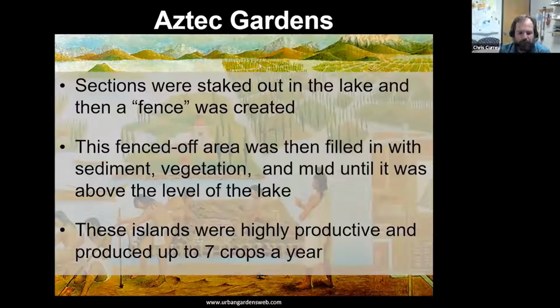Then these islands were planted, and they were highly productive, producing up to 7 crops throughout the year. They would get much of their mineral nutrients not only from the vegetation and the sediment that was packed into those islands, but also in the lake where they also got their water. And it ultimately would sub-irrigate, seeping into those islands and irrigating that crop.